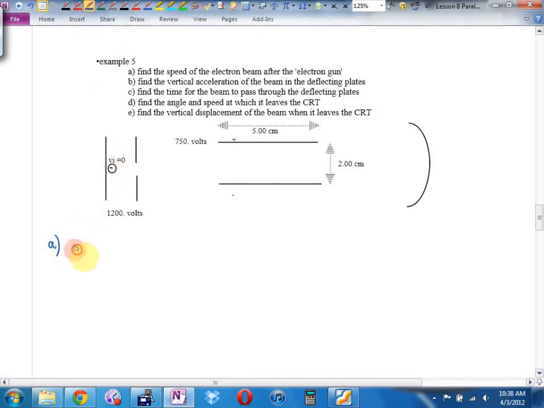We can go straight to saying all of your potential is going to become kinetic in this section right here. In fact, we can jump straight to saying the speed that the electron leaves the accelerating plates, the electron gun, at is going to be the square root of, what was it? 2qV over mass.